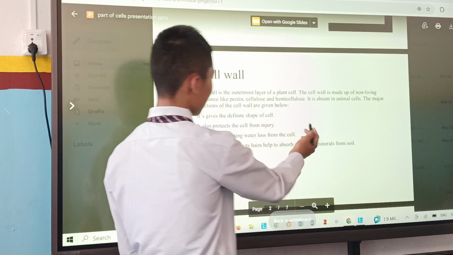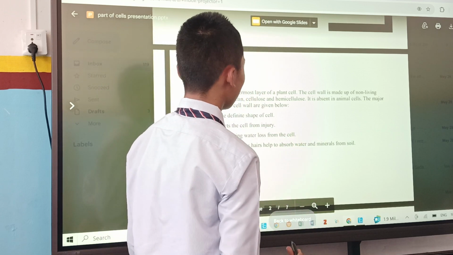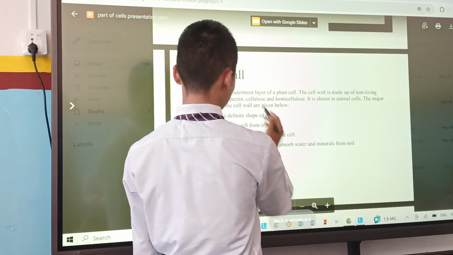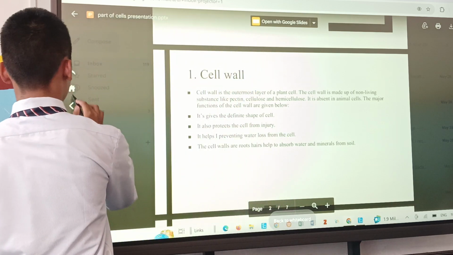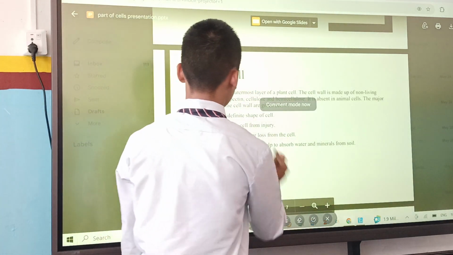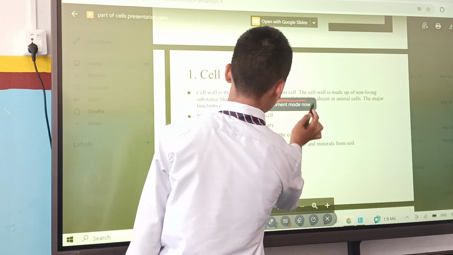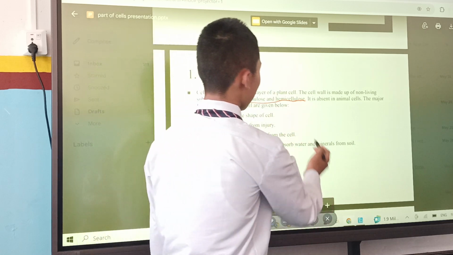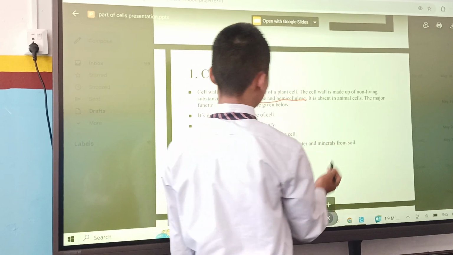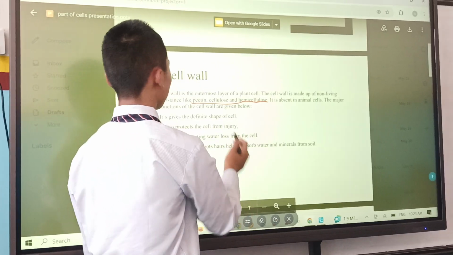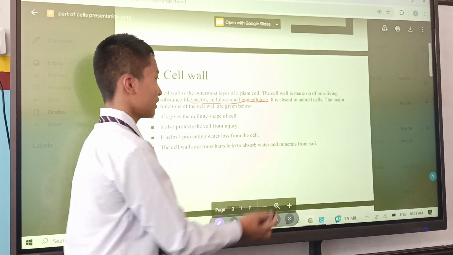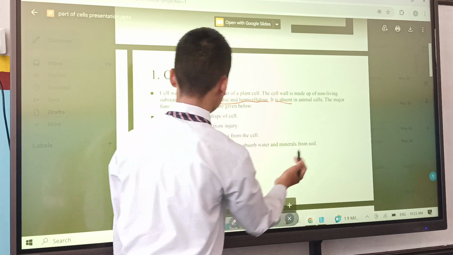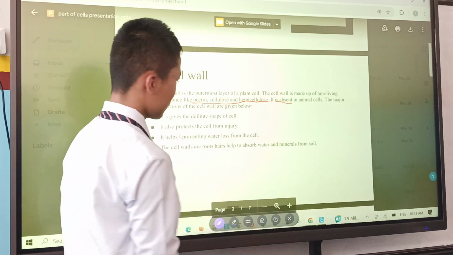Thus, it means that the cell wall is made of these substances, carbohydrates. It is absent in animal cells. The cell wall only is present in plant cell, so that's why it says that it is absent in animal cells. The major function of cell wall as given below.